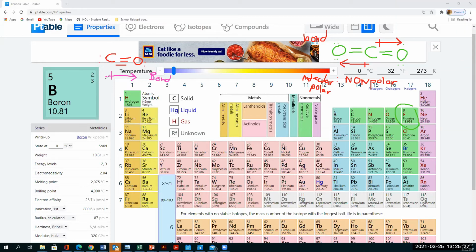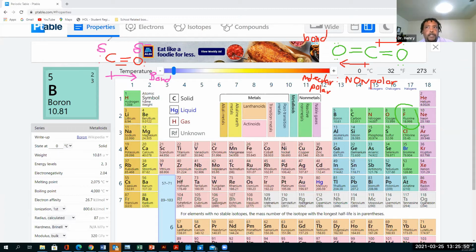So the way that we can depict that, we would say this guy is partially, so this is delta, lowercase delta. This guy is partially negative because electrons are negatively charged. So that means that the electrons are spending more time on the oxygen than they're spending on the carbon.